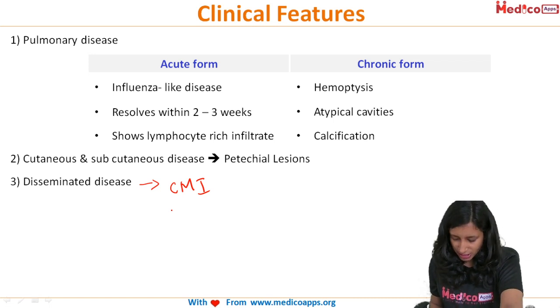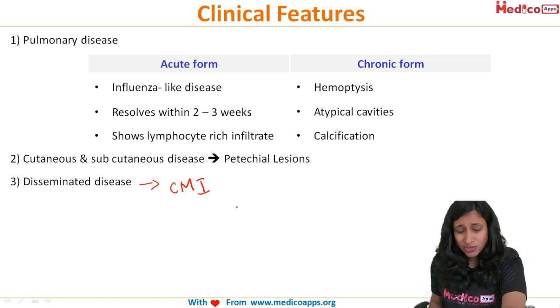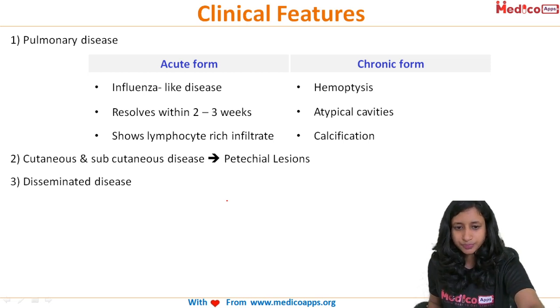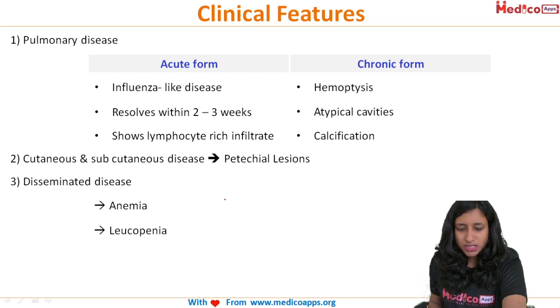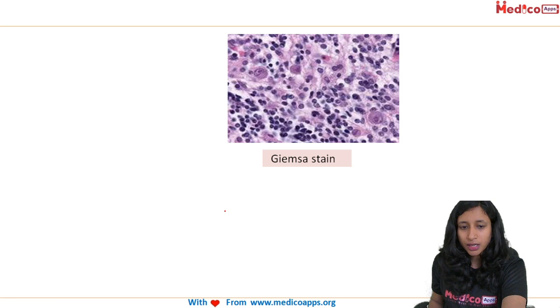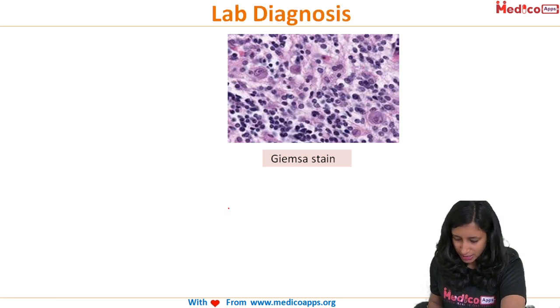Here it involves various organs like your liver, your spleen, your adrenal glands, and various other organs. The patient has anemia, leukopenia, and also presents with hepatosplenomegaly and multiple lymphadenopathy. These are the various changes that you see.